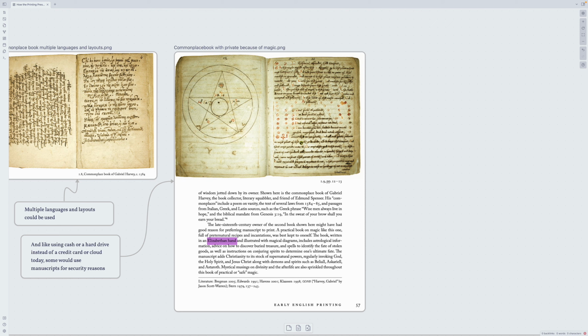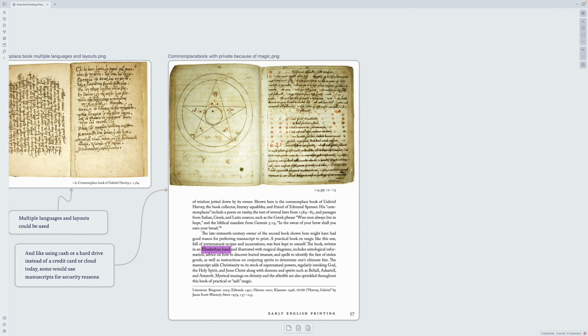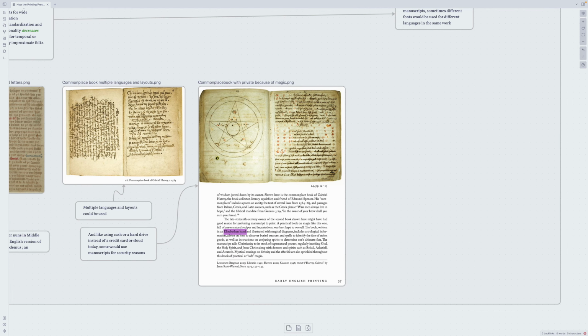But here you can see this person wrote in manuscript partially probably because they don't want it to be known that they're practicing some sort of magic, or that they're noting down some magical practices or things like that. So obviously this kind of thing was probably considered heresy back then and things like that. So not only could they write in their own cryptic script if they wanted, but they can also use images like this. They can draw things like this without having to worry about repercussion quite as much.